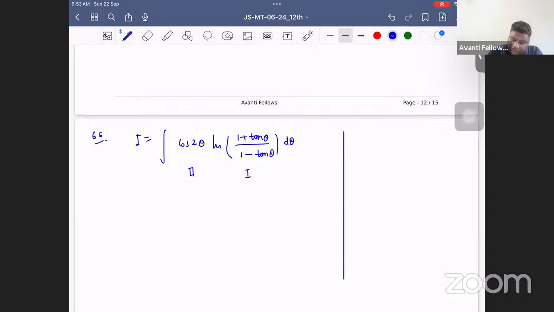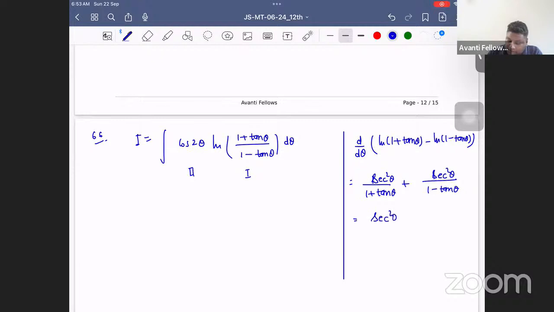So let us differentiate this function once. d by d theta of ln (1 plus tan theta) minus ln (1 minus tan theta). So this is 1 upon 1 plus tan theta, numerator sec square theta, and for 1 minus tan theta, the numerator goes minus sec square theta.